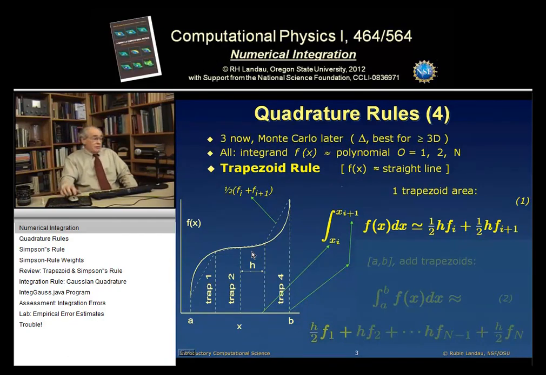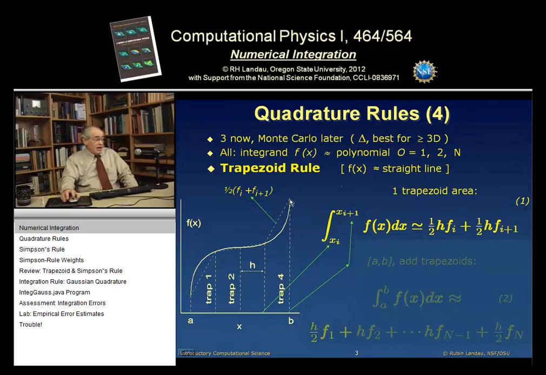Okay, so what's the area of a trapezoid? Well, you could work it out. The hard way is to say, let's add together the area of a little triangle to the area of a rectangle. Or you could be clever. Let's look at this last trapezoid, the one labeled trapezoid 4. And you could see here, it has a height on the left side, which is just the value of the function at point x sub i. And for shorthand, we'll call that f sub i, the value of the integrand.